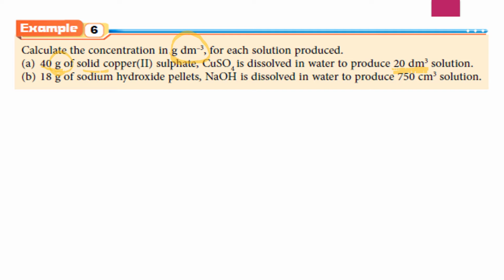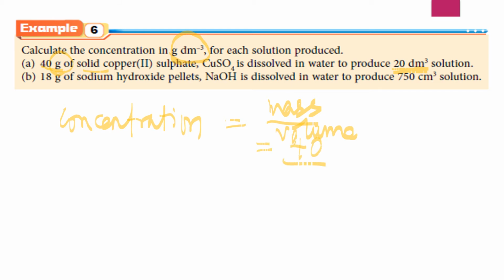Okay, by using the formula given just now, concentration equals mass over volume, and the volume must be in decimeter cube. So your mass given is 40 and your volume is 20 decimeter cube. So 40 over 20 is 2.0 gram per cubic decimeter.